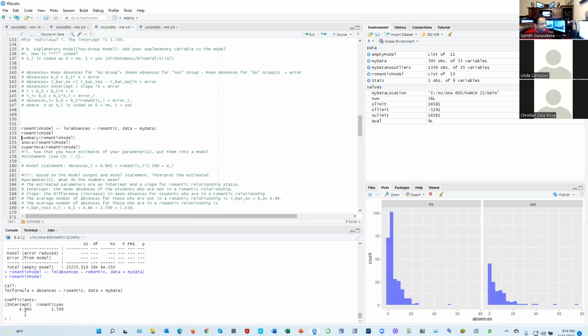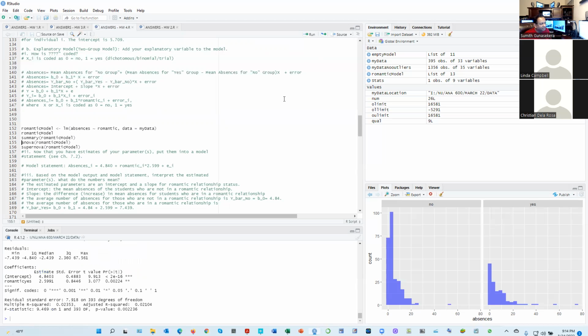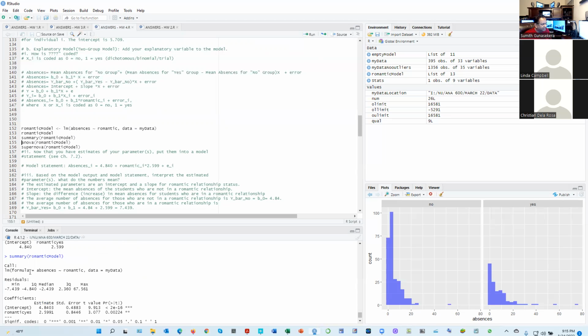This is b naught, this is b1, the difference between the two groups. The no group comes first because we discussed that the other time. Now you have two estimates, and the error has the same issue, almost like a right skew.